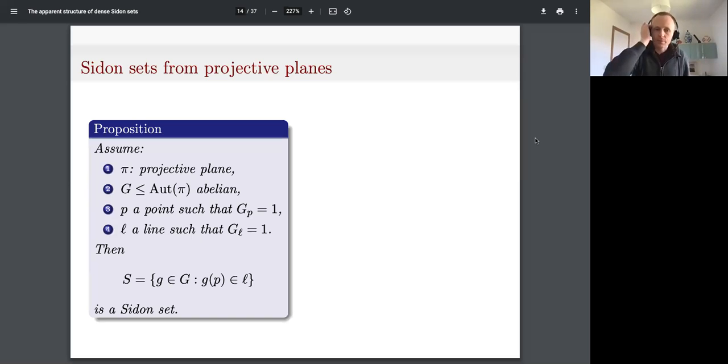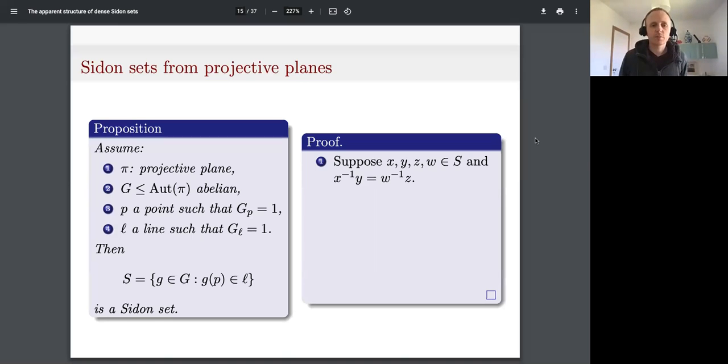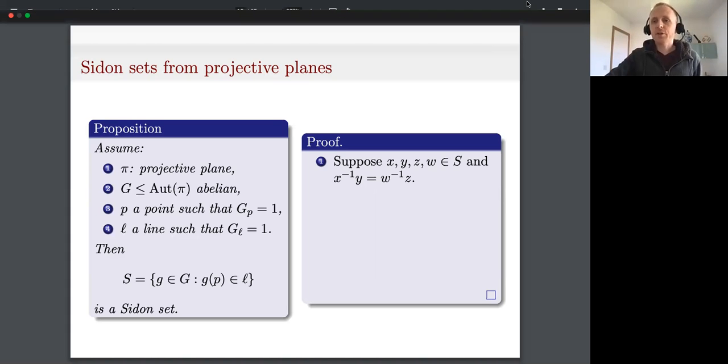Okay, so that's the construction, and let me prove to you that this is a Sidon set. It's basically just a definition chase. I emphasize that the group G is abelian, but in the context of the proof, the elements of G are automorphisms, so it just makes more sense to use multiplicative notation.